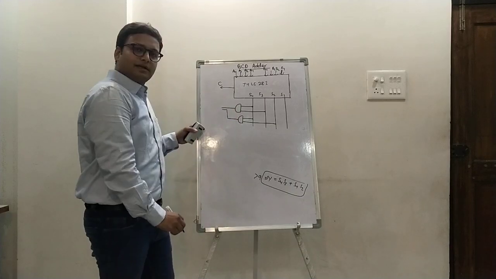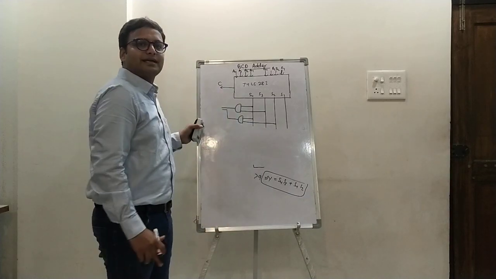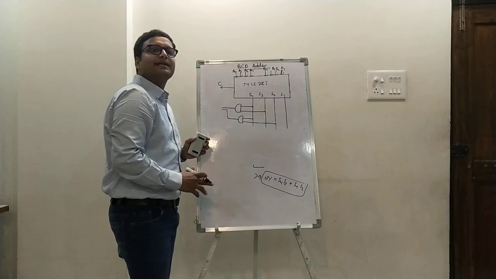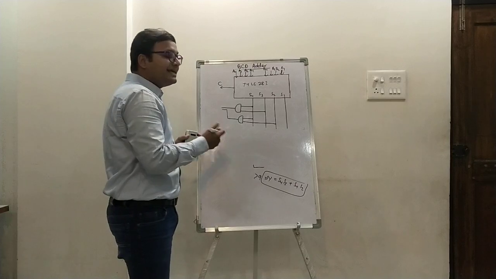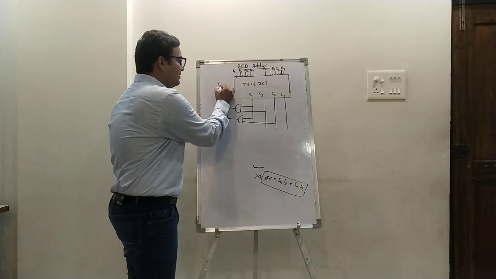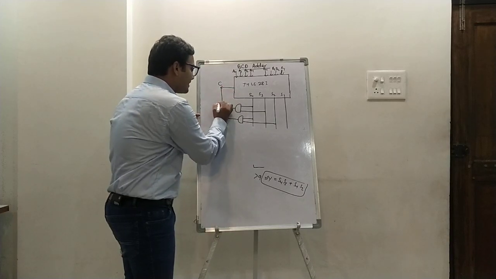Now, this is the case where I have to make the combinational circuit. It will now perform well if the sum is greater than 9. Now, if some carry arises, then you need to include the carry also in your digital circuit.